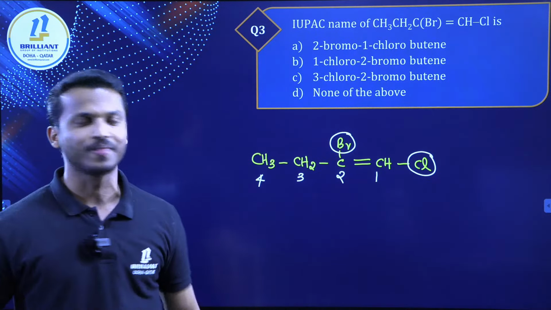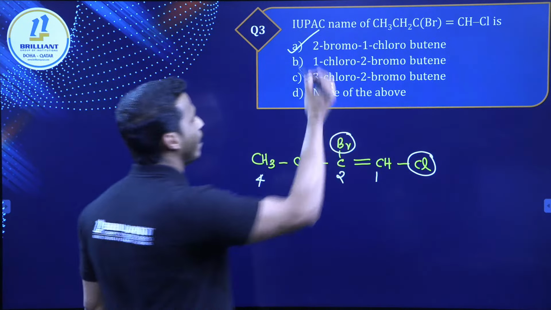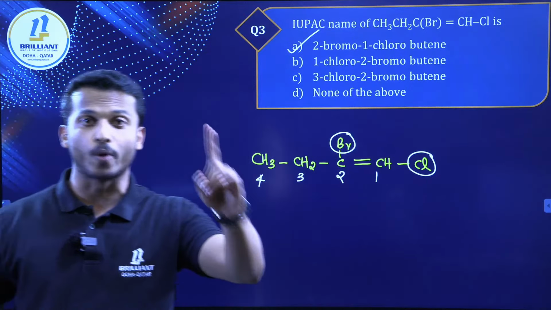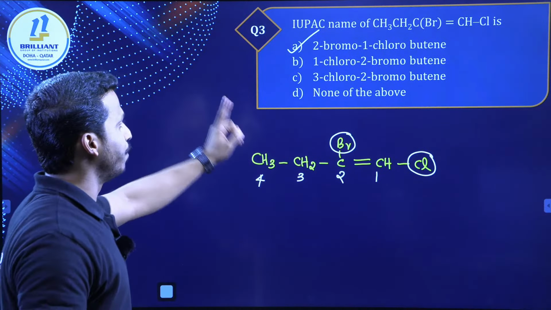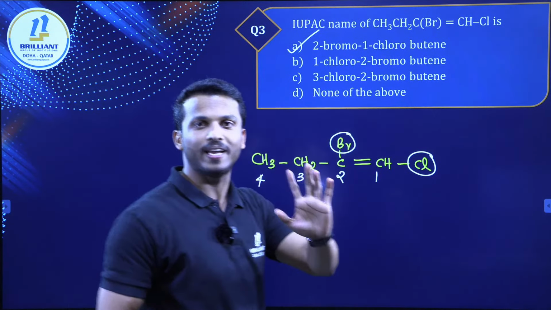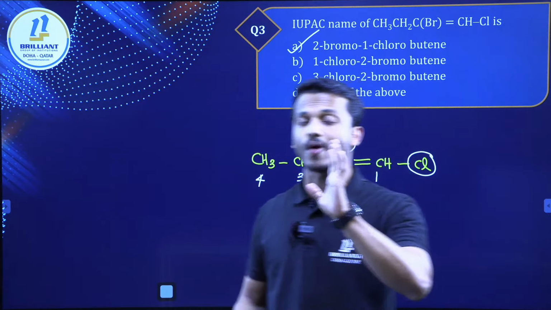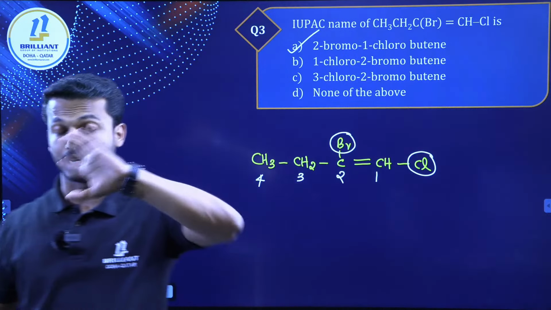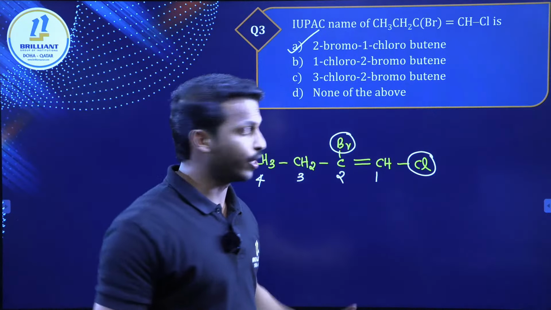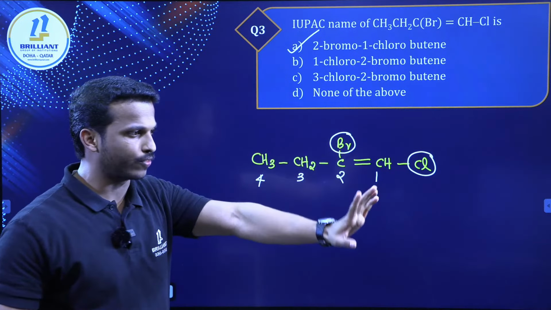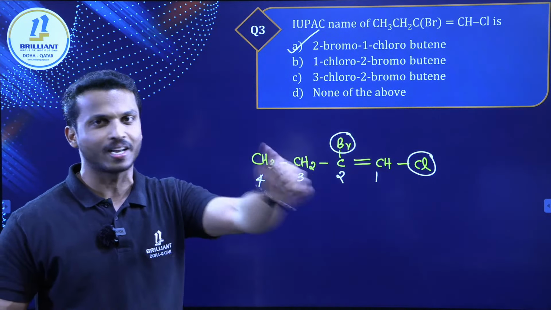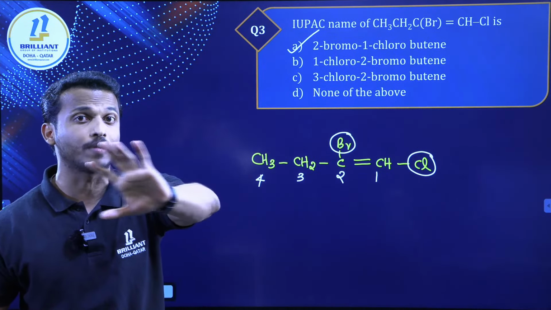Yes, option A: 2-bromo-1-chlorobutene. IUPAC nomenclature is so easy to answer from the chapter haloalkanes and haloarenes. Hope you are clear, and I think all have given the correct answer. Very good. Keep going and keep giving the answers.